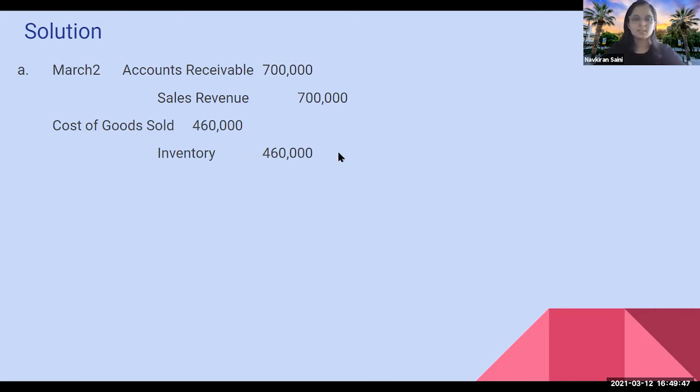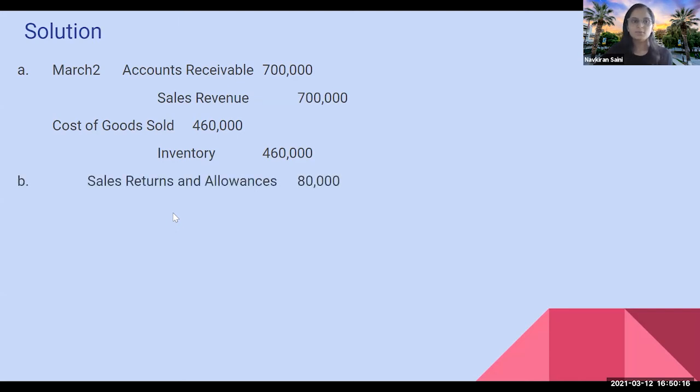The actual cost is 460,000 and the selling price, or the sales revenue that we got, is 700,000. Debit cost of goods sold, credit inventory as it is going down, and the amount will be the actual cost of the goods. First step: selling the goods and decreasing the inventory for the cost.